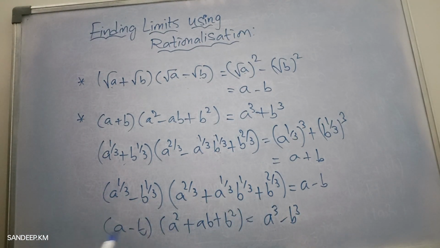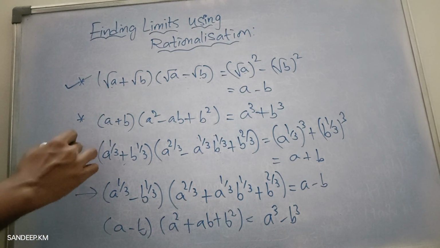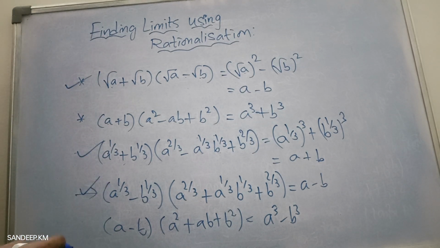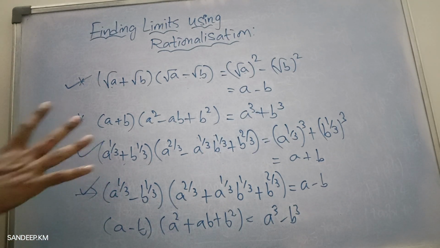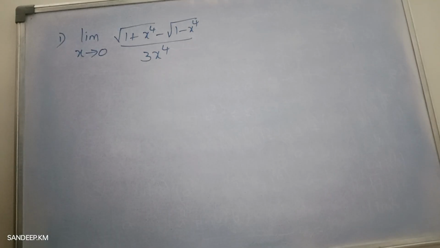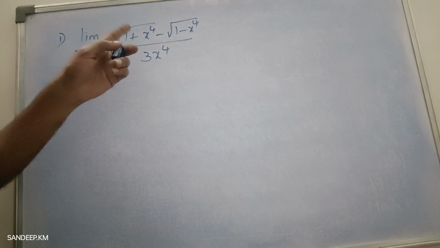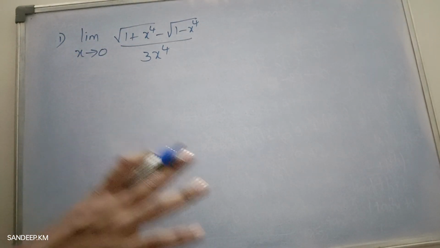So we get this one from this. Now remember this and this, and you can solve rationalization questions in limits very easily. We generally apply the rationalization method when the limit takes 0 by 0 form or infinity by infinity form.